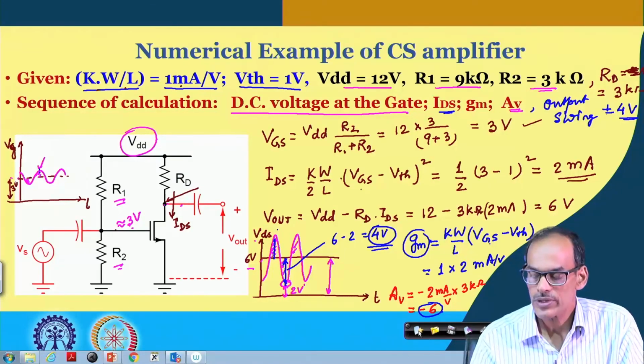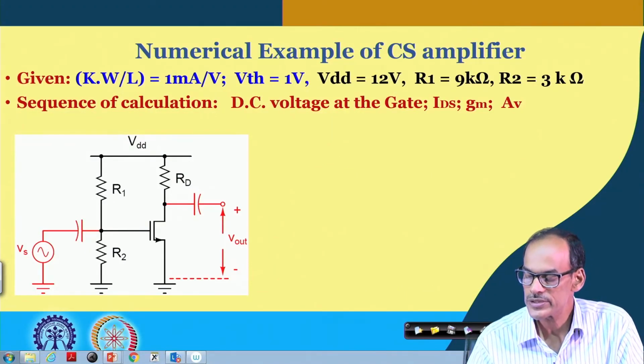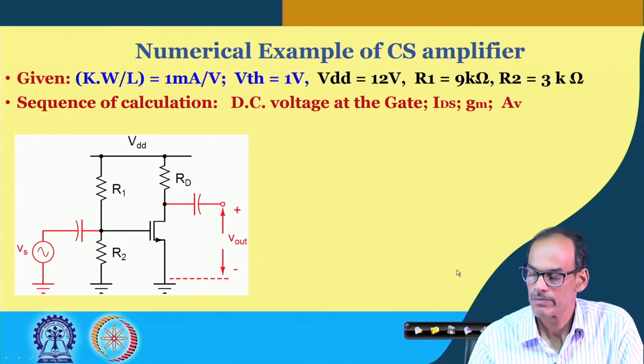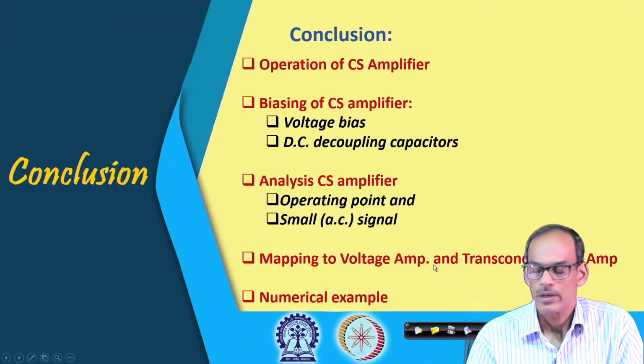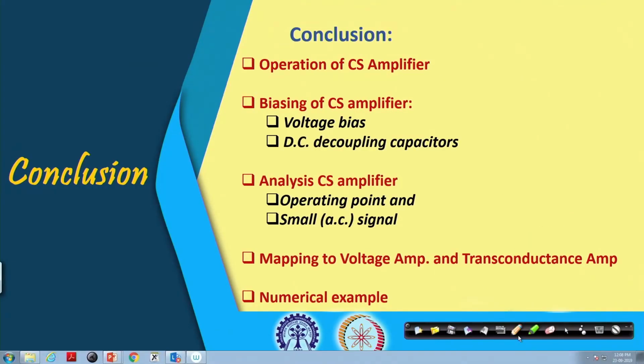And so, let us see what are the things we have covered in today's module. Yes, so basically today's primary discussion was the common source amplifier. So, we started with the operation of the circuit, and then we talked about the biasing of the common source amplifier.